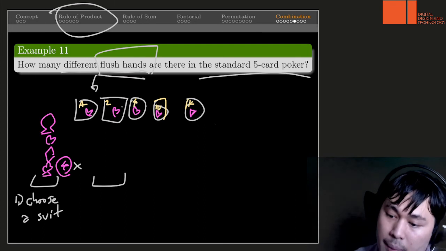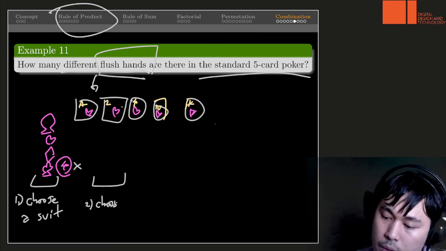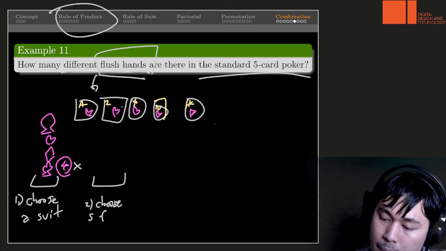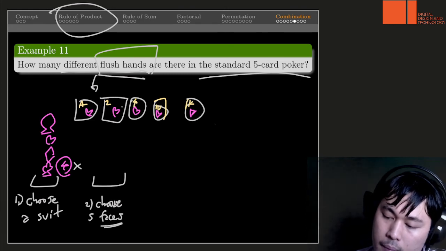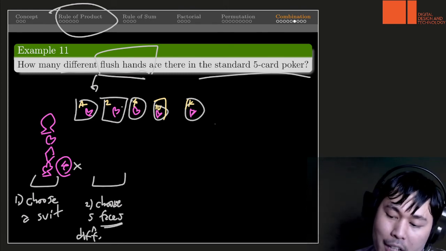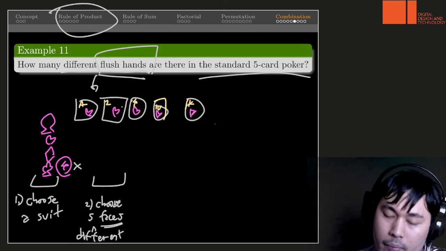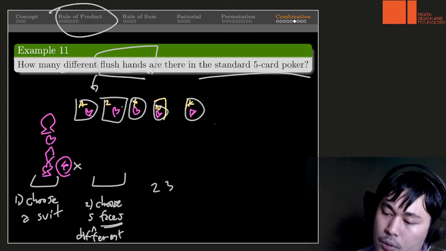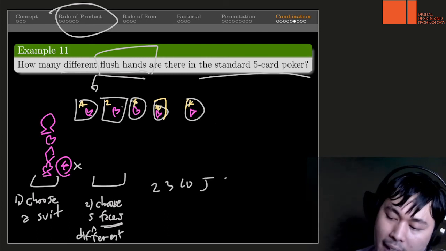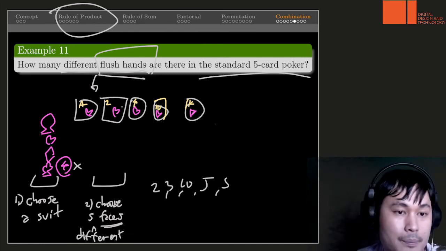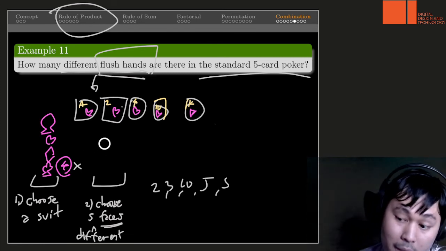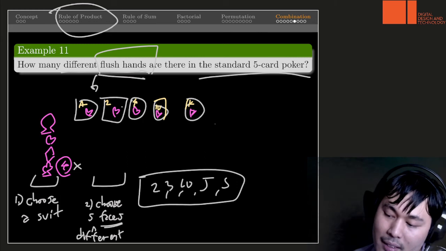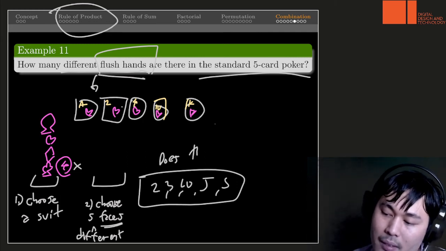And then in step 2, you have to choose 5 different faces. So for instance, you can choose 2, 3, 10, Jack, and 5. The question you ask before you compute the formula is, does the order matter?